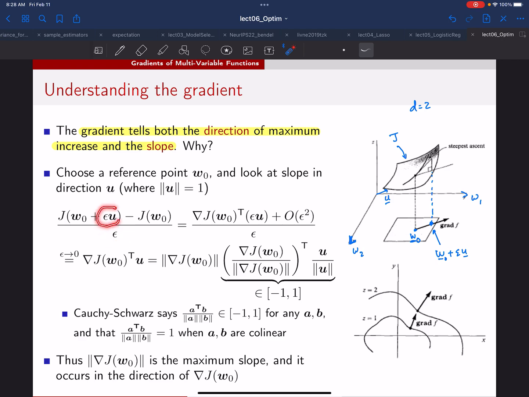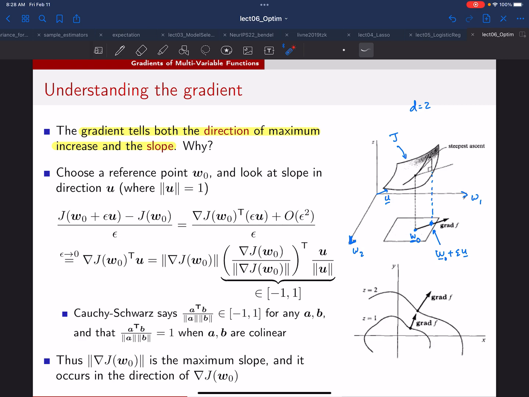I've moved epsilon times u, but u is a norm 1 vector, so the norm of epsilon u is just epsilon. So how much have I moved vertically versus how much have I moved horizontally? And the ratio between those is the slope at that point. Is everybody with me on that?